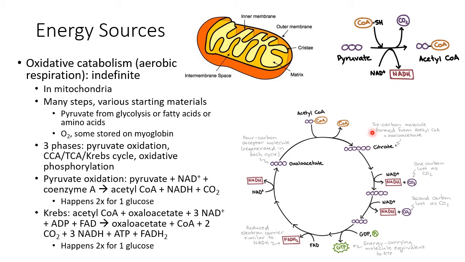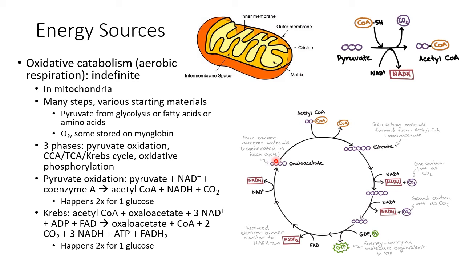Then the next process is the Krebs cycle, which is shown right here. This again is only part of the Krebs cycle. The Krebs cycle has a bunch of different steps in it, and a lot of them are omitted in this diagram. In the Krebs cycle, you start with oxaloacetate. You're adding the carbons from acetyl-CoA to that oxaloacetate, which gives you citrate. That's why it's called a citric acid cycle sometimes. And then you're just going to go around the cycle modifying the citrate at each turn until you have converted it back to oxaloacetate.